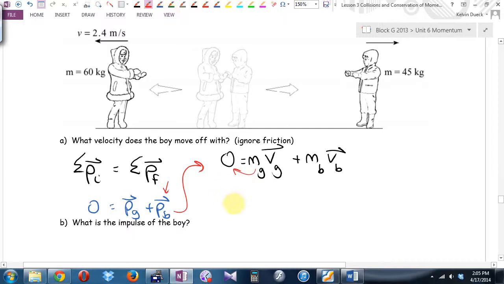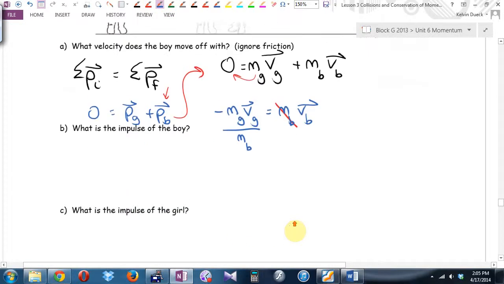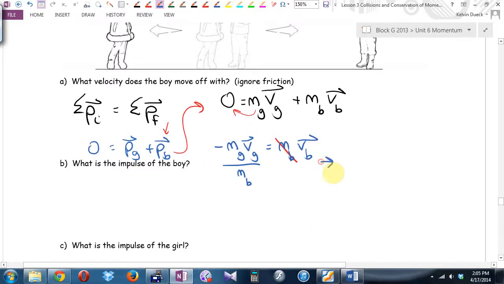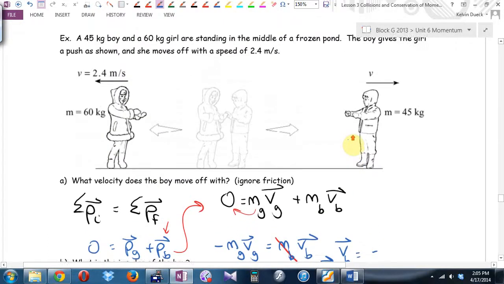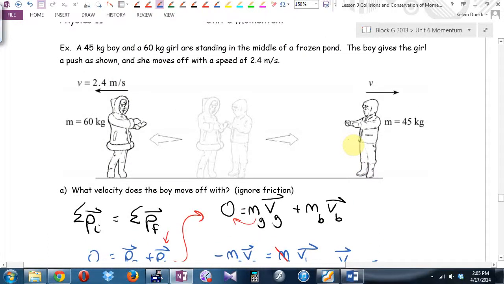That's going to give me negative mass girl, V girl, equals mass boy, V boy. Oh, wait a minute, I haven't quite got the V by itself. The final speed of the boy is going to be negative 60 times.